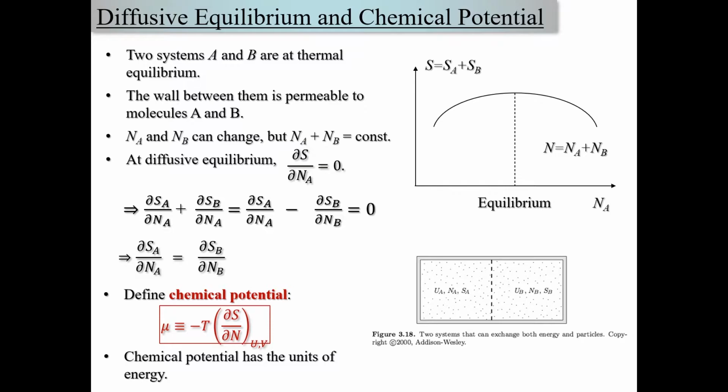To do that, we simply take the partial derivative of the total entropy with respect to Na. Notice that in this system there's really only one independent variable in terms of the number of particles. If I define Nb, then Na is, by definition, defined, because Na plus Nb must equal the total number of particles.